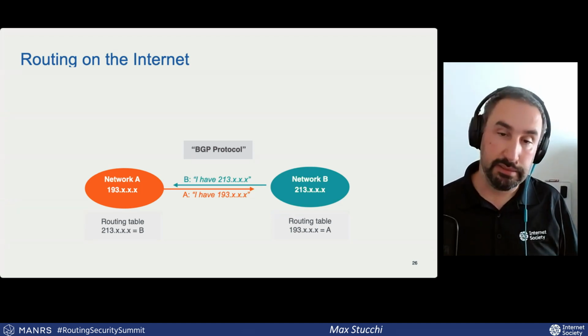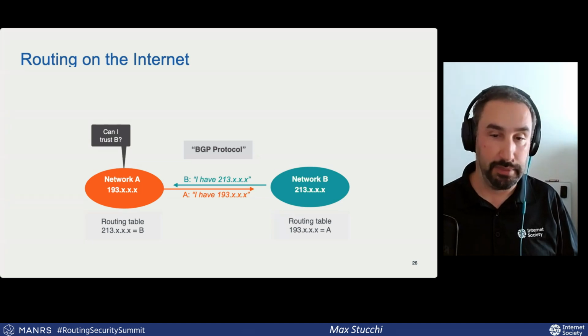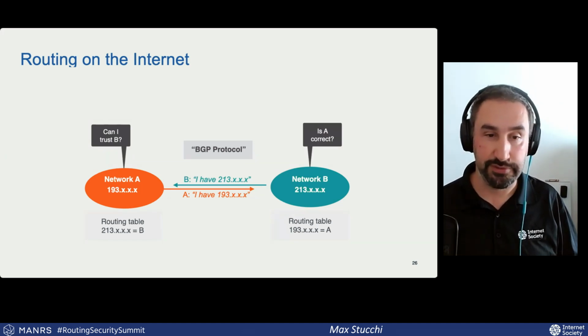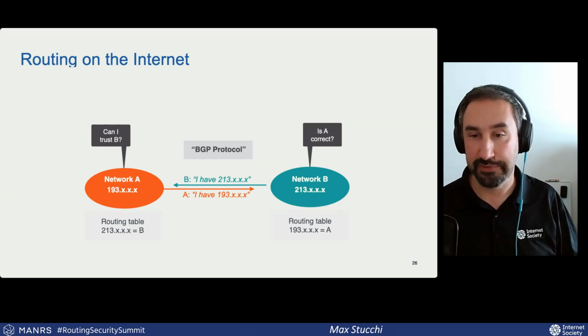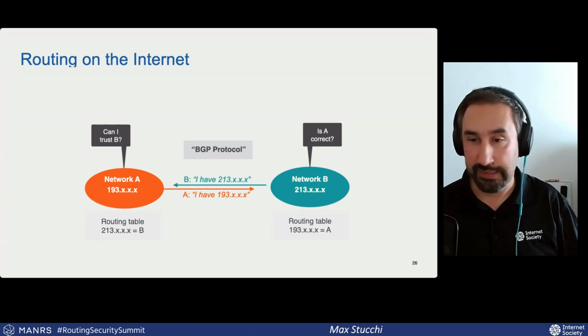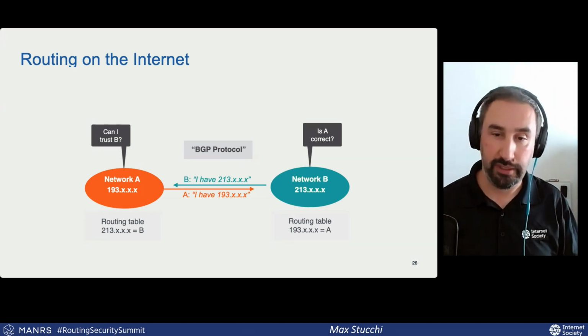But at this point, BGP was built with no idea of security in mind and no idea of trust. So both A and B are going to ask themselves if the data is correct, if there is trust that can be put there.